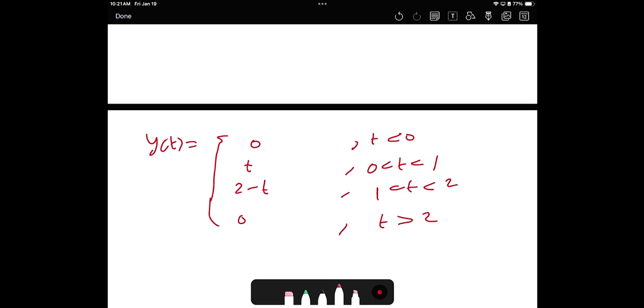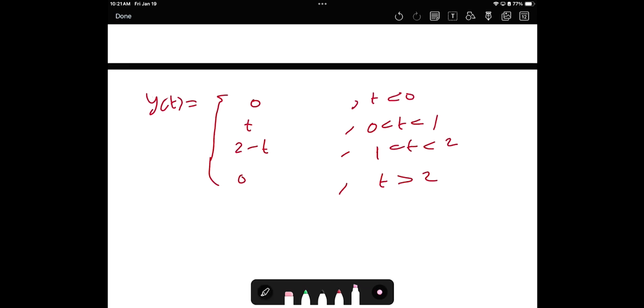Okay? How can we manipulate this as a step or as a ramp? In order to manipulate this as a step or as a ramp, what matters to us? Only these 2, while the rest are zeros. So, in order to manipulate the first one, it will start to be t at t equals 0.